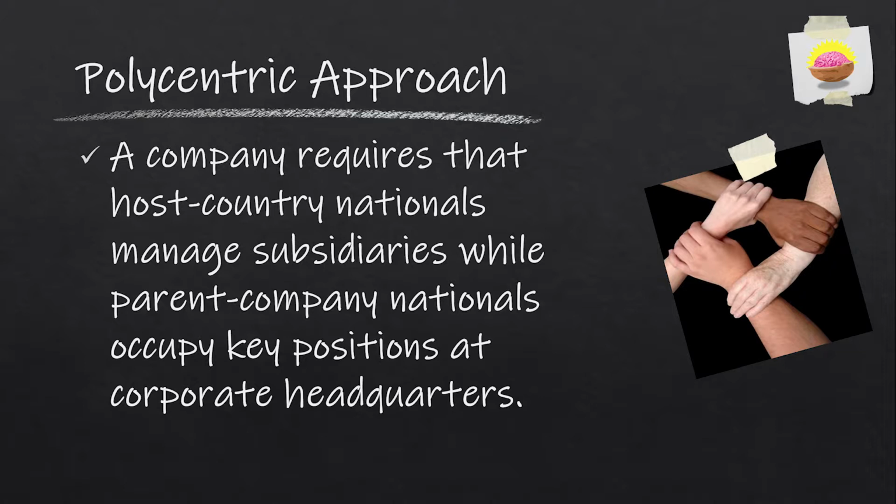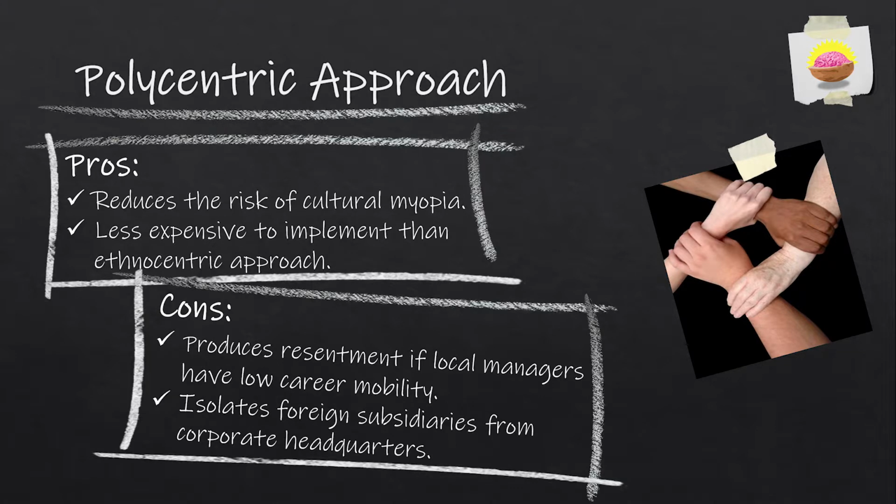I'm going to occupy key positions over here to make sure that they kind of stay on the straight and narrow. So yes, it's better than the ethnocentric approach in that they're running their own subsidiary, but it's with a great deal of oversight. Once again, this polycentric approach has pros and cons.